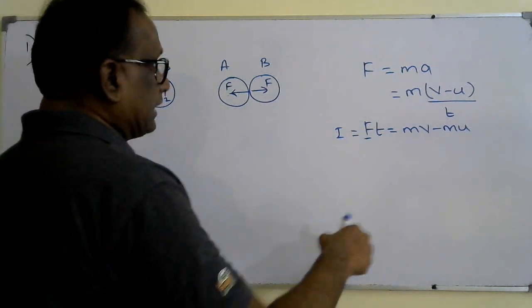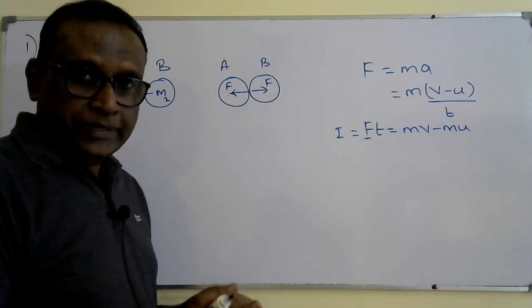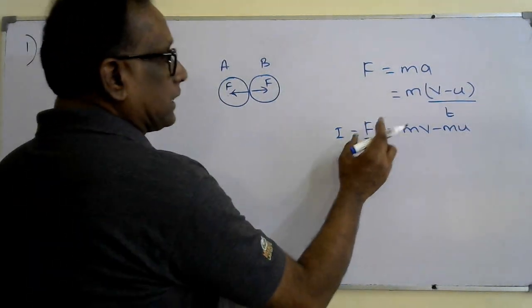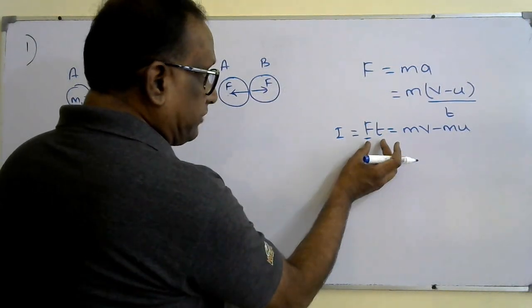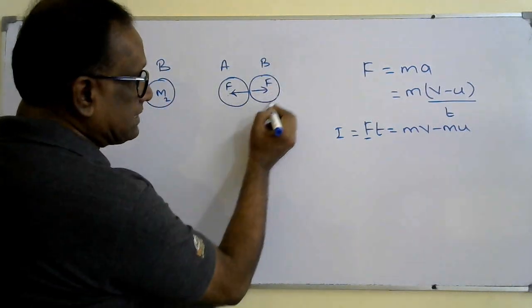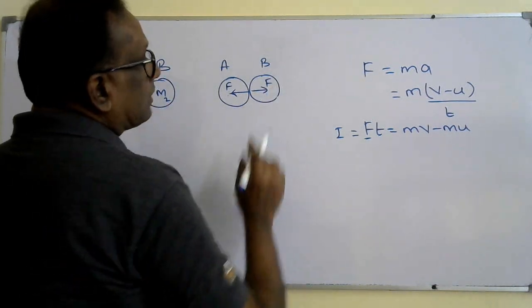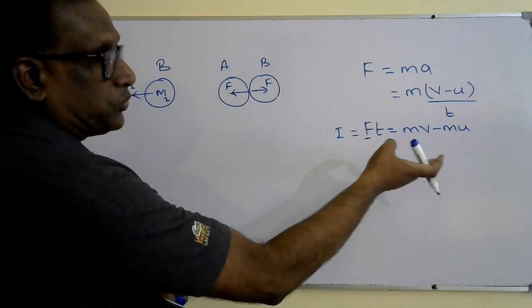In the same way, during collision, B also has a change in momentum. It is also experiencing impulse, and that impulse is Ft. The direction of the impulse on B is towards the right, because B is experiencing force towards the right. Therefore, the change in momentum of B, or impulse of B, should be towards the right.